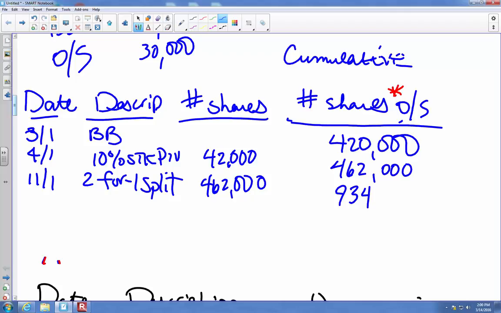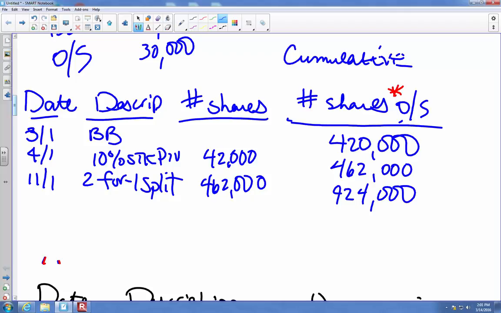No. 924. I used to be such a whiz doing math in my head. I think it was an indication of something, and that's starting to fail. Do I have a journal entry for stock splits? Not really. There's nothing to journalize.